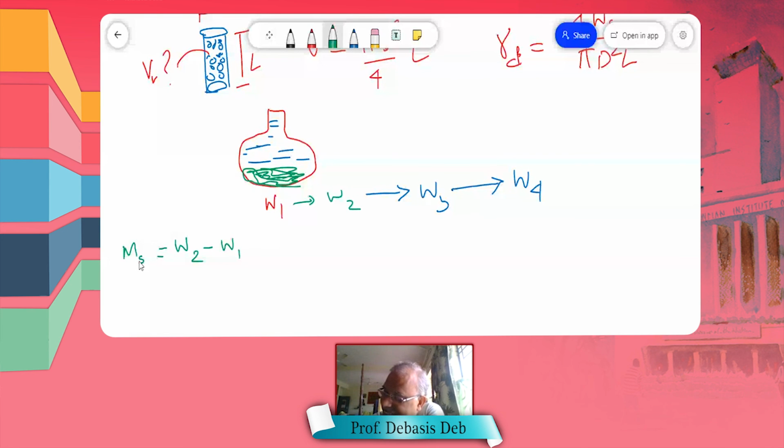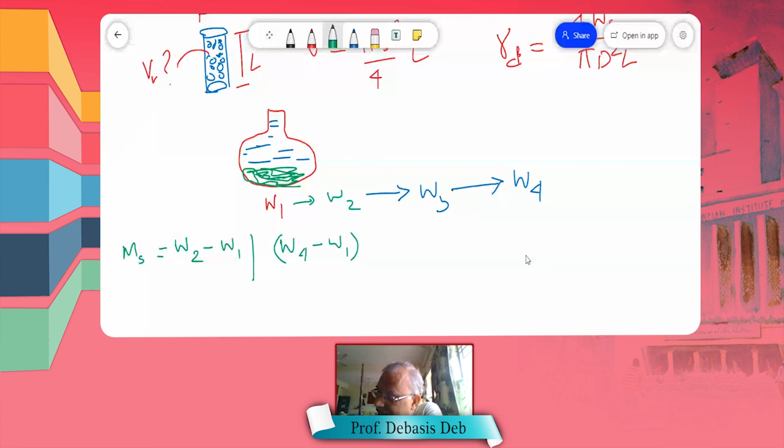Good. Now I write one more thing. W4 minus W1. What is it? W4 minus W1 is the weight of water, completely filling the entire bottle, right?